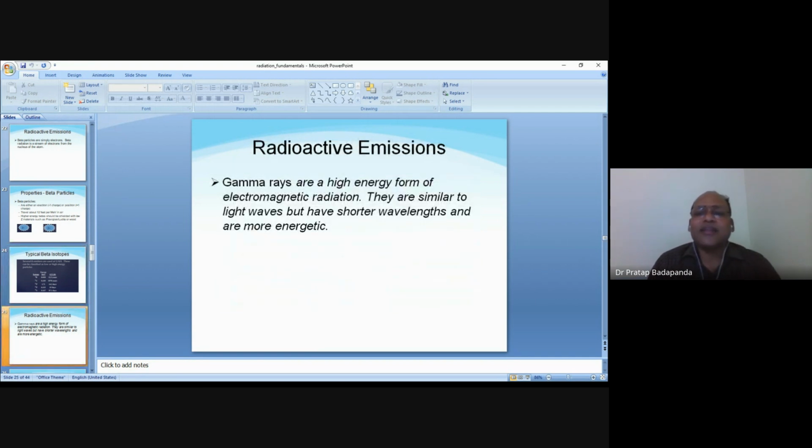So this is another thing. Emission is the most important, where radioactive emission means there are hazardous rays. Gamma rays are a high energy form of electromagnetic radiation. They are similar to light waves but have shorter wavelengths and are more energetic.